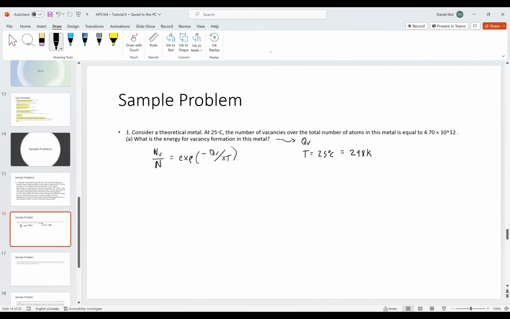And then we're given this number, which is NV over N, and then the Boltzmann constant.